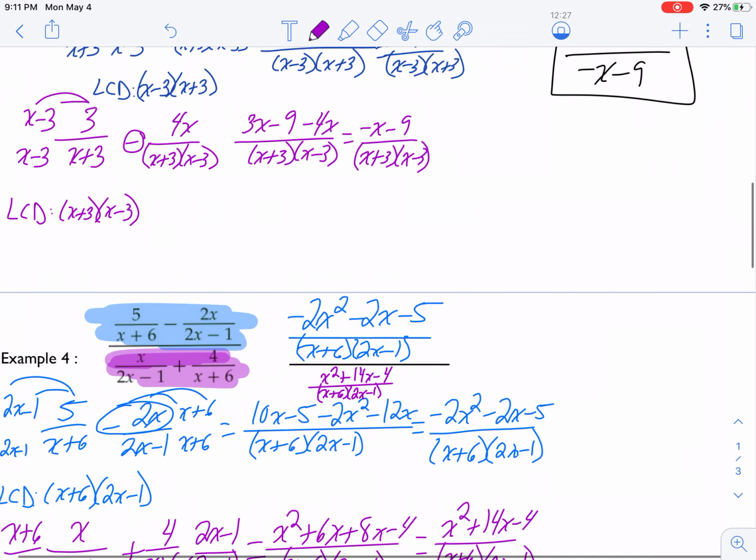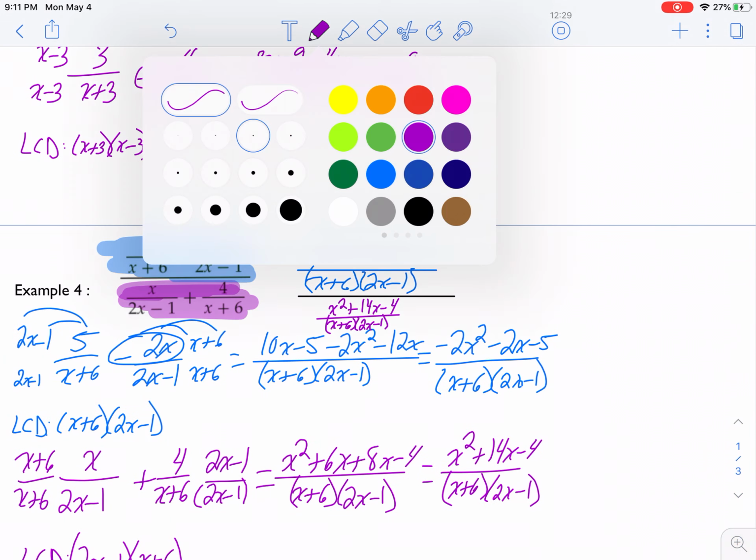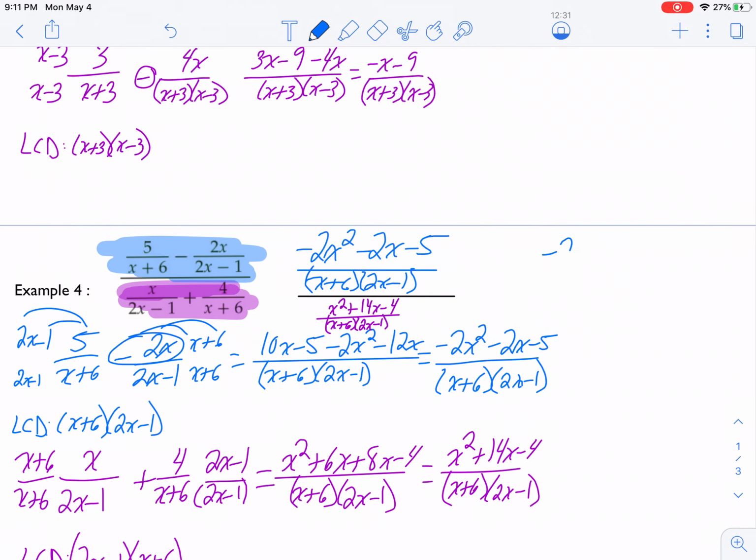And so again, I'm going to rewrite this here. My blue stays the exact same because my numerator will always stay the same.